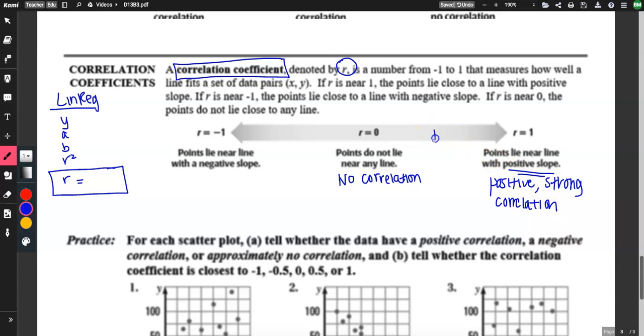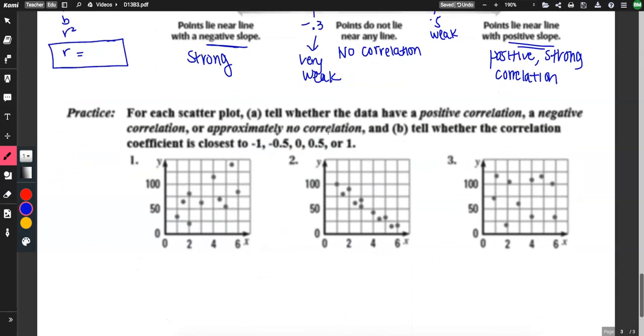But if it's like 0.5, that would be a really weak relationship. If it gets really close to 1, that's really strong. On the other hand, -1 would be a strong negative relationship. Something like -0.3 would be really weak. Okay, so you're looking for that R value to be close to 1 or -1 to say, oh, that's a really strong correlation there. So let's do some examples.